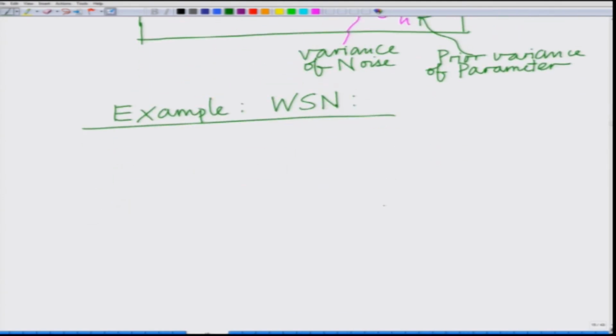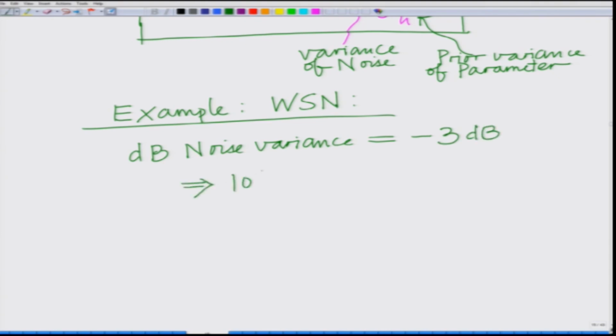Remember, we had the noise variance equal to minus 3 dB, which implies 10 log 10 sigma square equals minus 3, which implies sigma square equals 10 to the power of minus 0.3, that is equal to half.